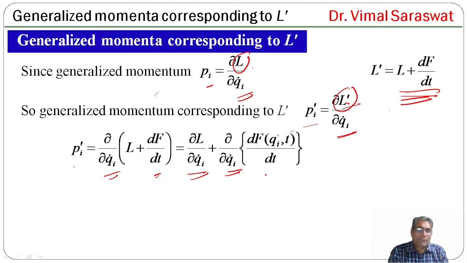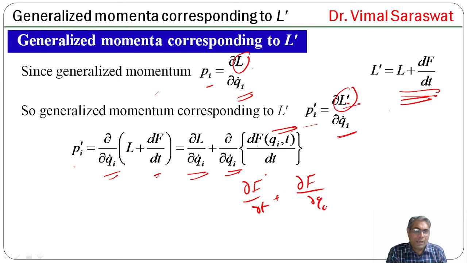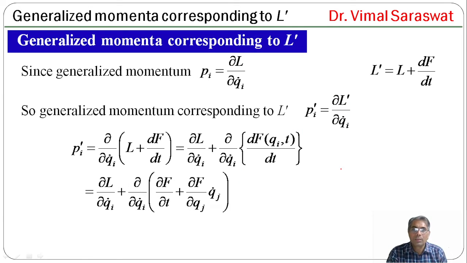So if we differentiate it with time totally, then we get ∂f/∂t plus ∂f/∂Qi into Qi dot. So ∂L/∂Qi dot as it is, and ∂/∂Qi dot, and df/dt is ∂f/∂t plus ∂f/∂Qj into Qj dot.